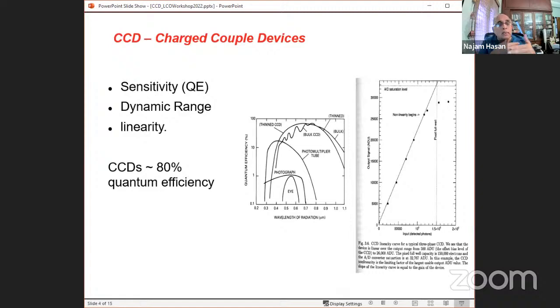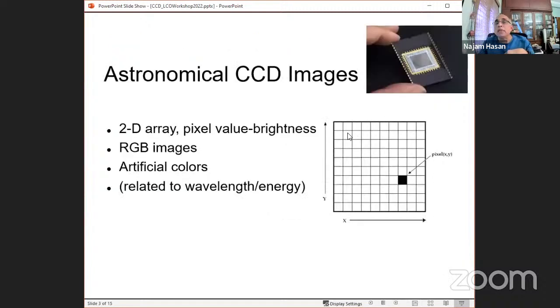And this addition, subtraction of images becomes very simple because, as we have seen, a CCD is nothing but a matrix. Exactly like you have a matrix, a two-dimensional array. Each pixel records a number of photons, and that count gives you how much light has fallen.